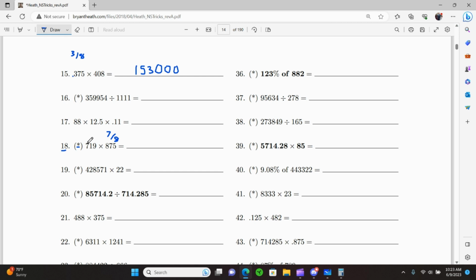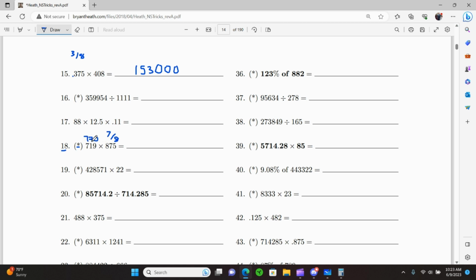So what I'm going to do instead is change this 719 to a 720, and I know for a fact that's going to keep me within my 5% range. By making these two changes in my head, I can see right away that this is what the test writer was going for. So to solve, I'm going to do 720 divided by 8. 72 divided by 8 is 9.